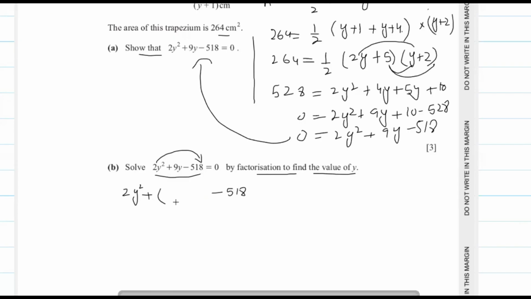And the middle value we will write in the form of two terms. Here we will subtract two values, the answer 9y, and these two values we can get by taking the factors of 2 times 518, and 2 times 518 is 1036. From this value we get the factors, and these two factors when we subtract the answer is plus 9.